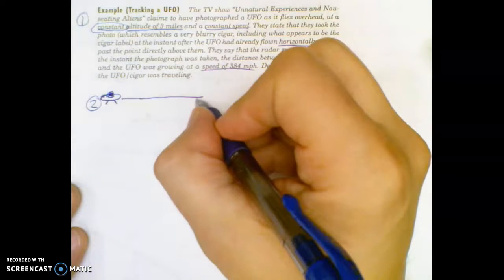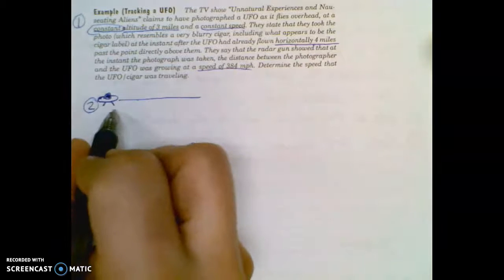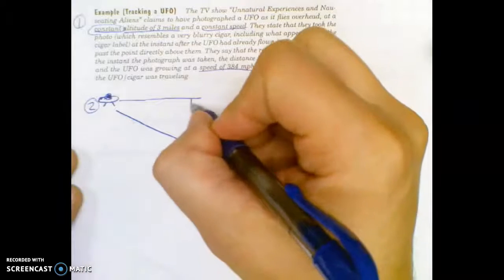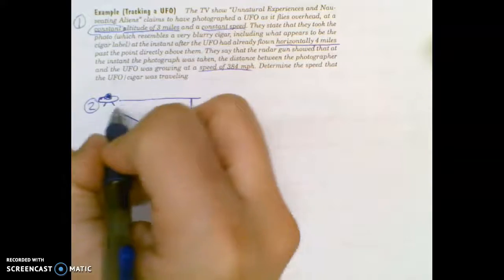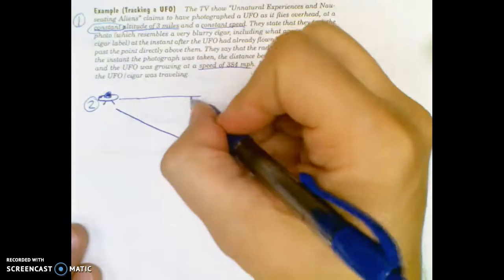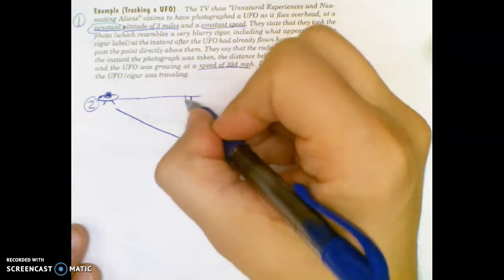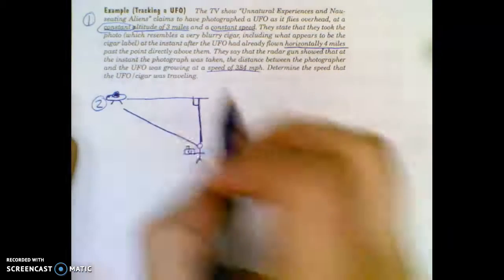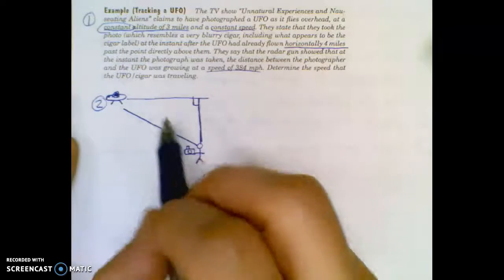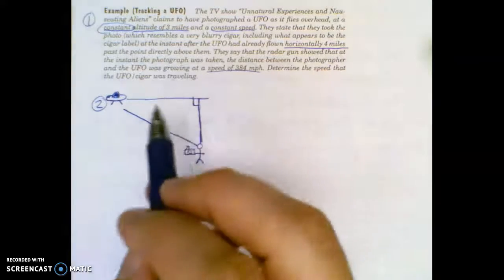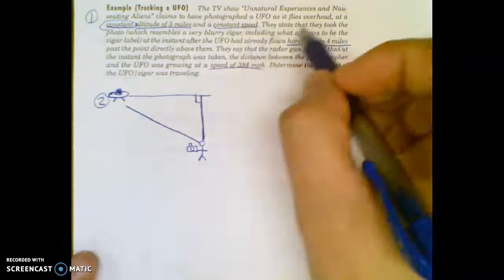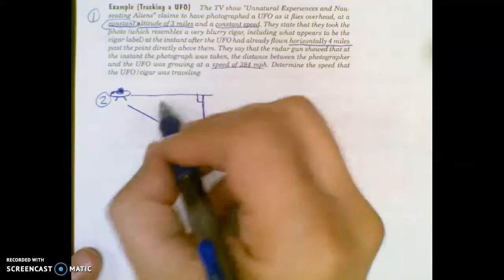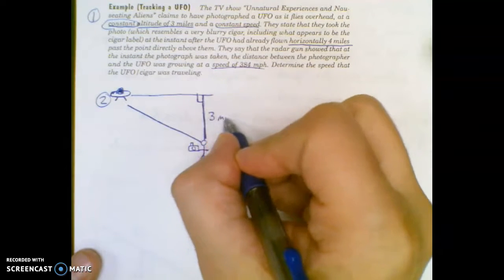Now, they talk about your distance to the UFO, and they talk about when it was directly overhead. If you draw all this stuff in, you should see a right triangle, because distance straight above his head. So that's good news. I have to put variables on all these sides, but I want to know if I can put any number in here. And the fact that it's flying at a constant altitude of 3 miles means I can write 3 miles here.